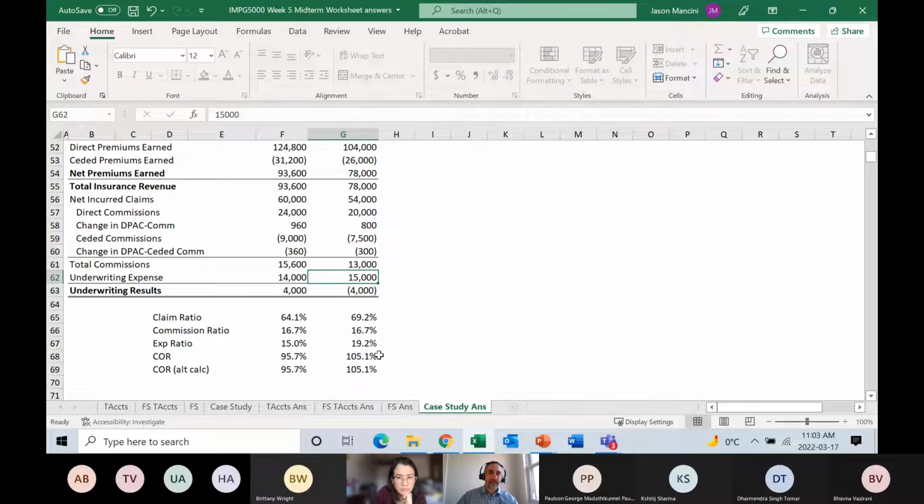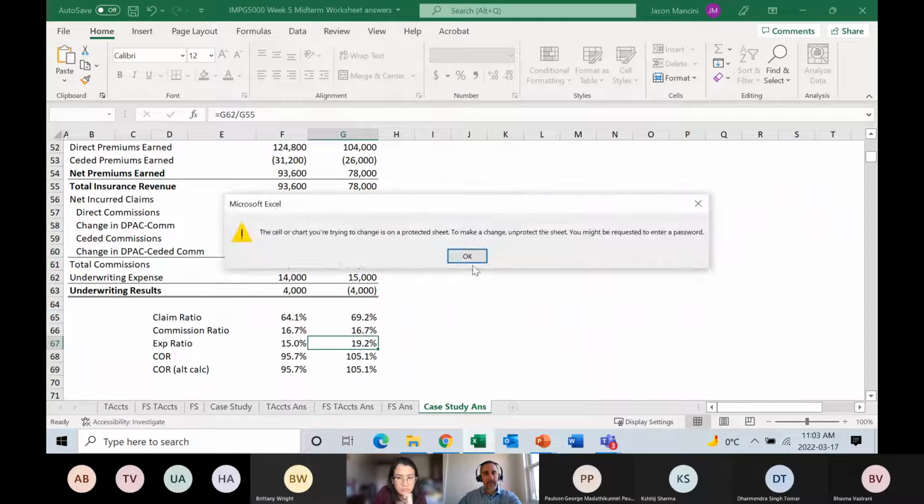And the terminology maybe is tricky, that it's the total expenses, but it's not. Underwriting expense is just one piece of the total expense ratio. So this expense ratio is just the underwriting expenses, and you guys figured that out.